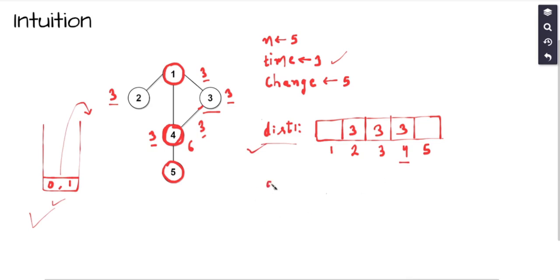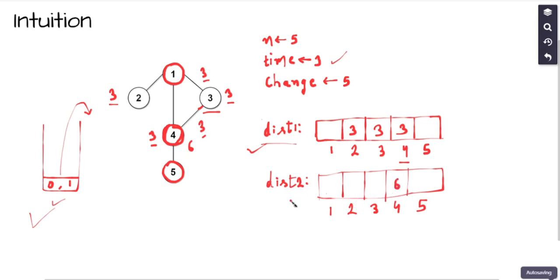But I will take another array. Let's call it distance 2. This array is initialized to a very large number and I will put 6 here. And since I'm updating my distance array, I'm performing relaxation, I'll have to push this node into the priority queue a second time. So I'm pushing node number 4 into my priority queue a second time.